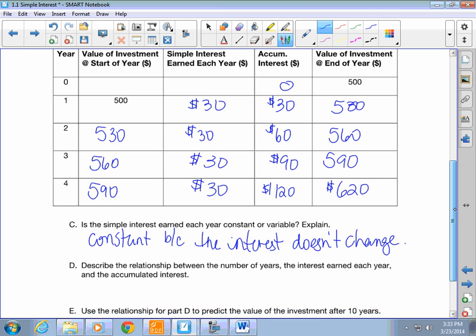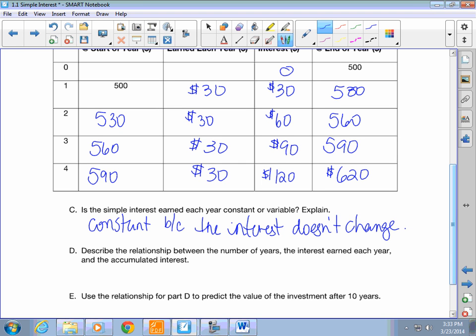So it says, describe the relationship between the number of years, the interest earned each year and the accumulated interest. So if we look here, we have the number of years times the interest earned equals the accumulated interest.